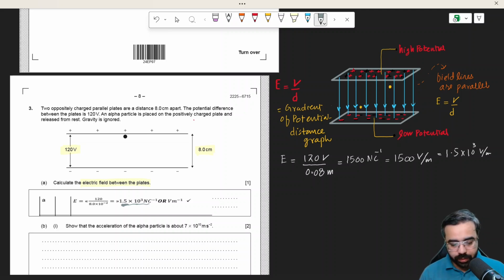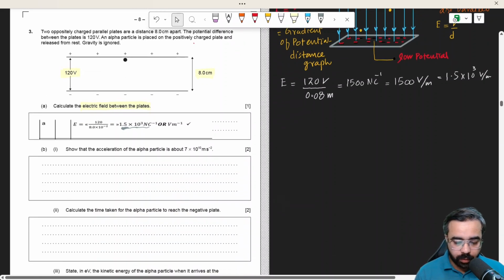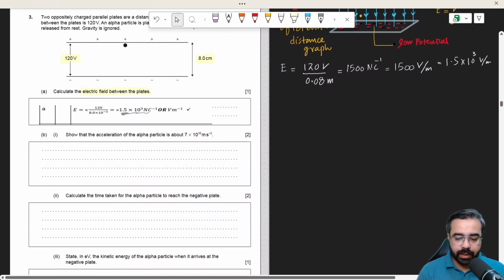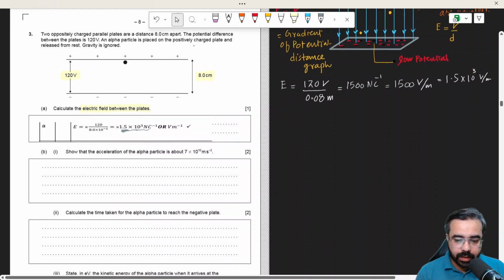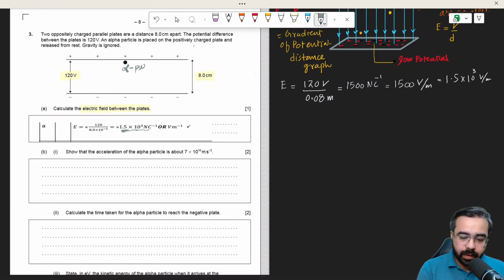Okay. Now the next question. Show that the acceleration of the alpha particle is 7 times 10 power 10. Now when you release the alpha particle in this, as we see here, this is the alpha particle. So what is the alpha particle?